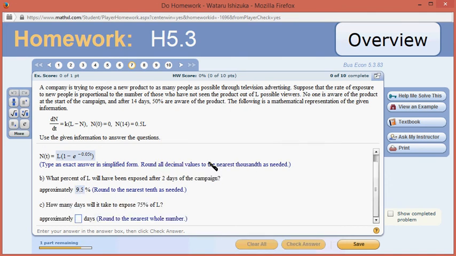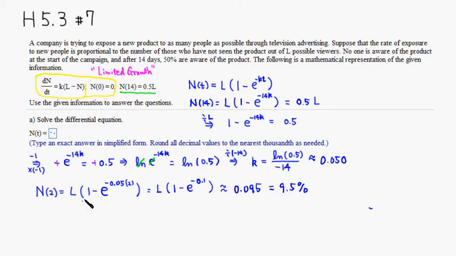Part C. How many days will it take to expose 75% of L? So let's do that. We just need to set L times 1 minus e to the negative 0.05t equal to 0.75 times L. As usual, we can divide through by L, so you can cancel those out, and then try to solve for t.